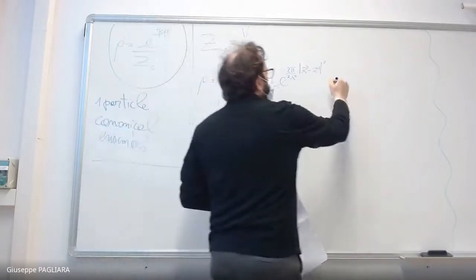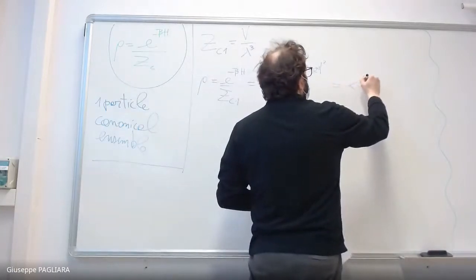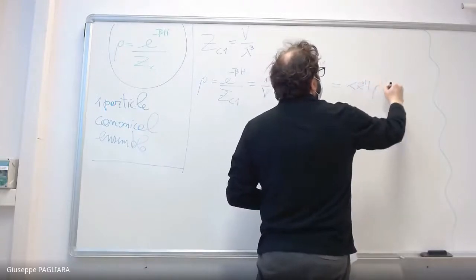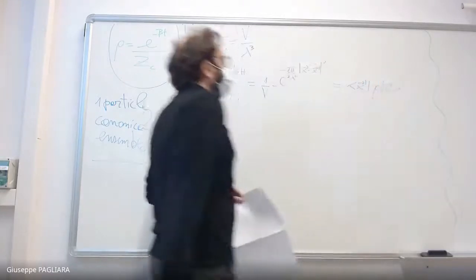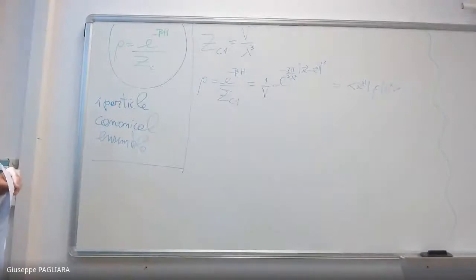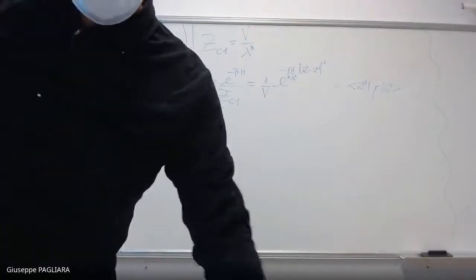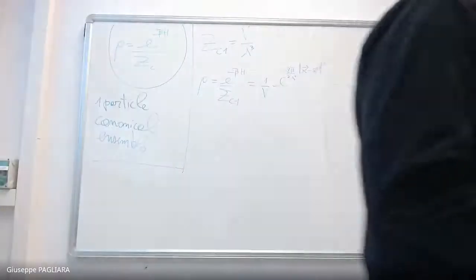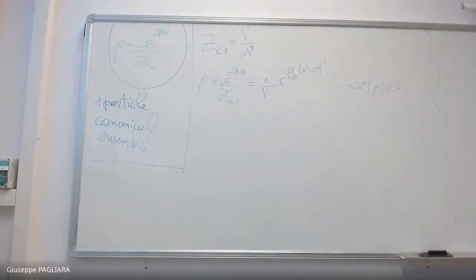Where this is the matrix element between x prime, rho, x of the density matrix. Okay?